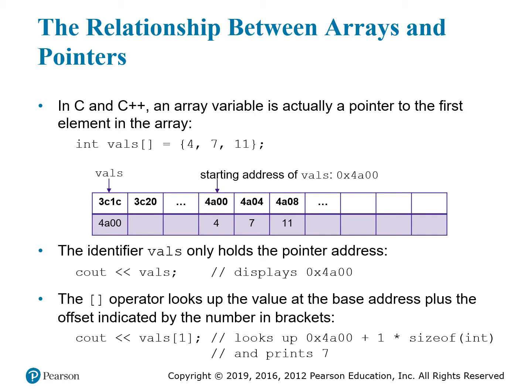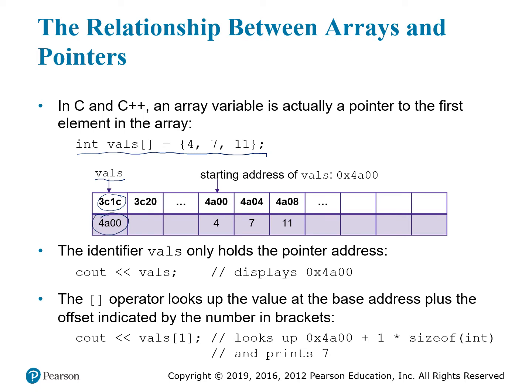Okay, so if I type the line in C++, int vals[] = {4, 7, 11}, okay, this works in C or C++, it creates a variable vals which points to a random memory location and holds another memory location.